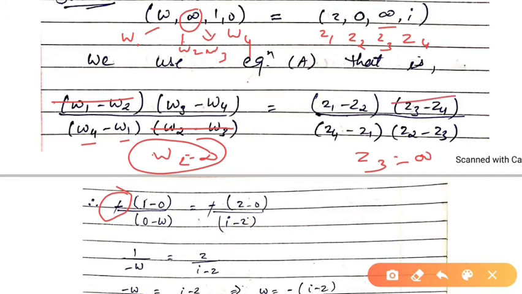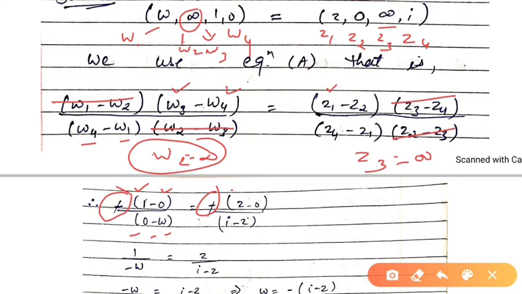So we will remove this Z3 bracket and we will put here a minus sign. Now we will substitute the values over here. W3 is equal to 1. So here I am putting 1 minus W4 is 0. So 1 minus 0. In the numerator W4 is 0, so 0 minus W1 is W. Right?